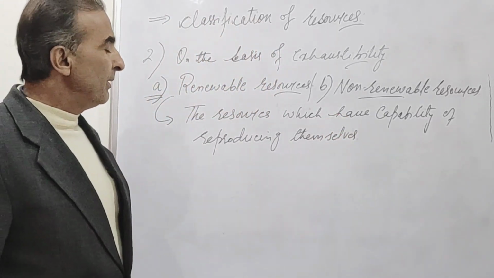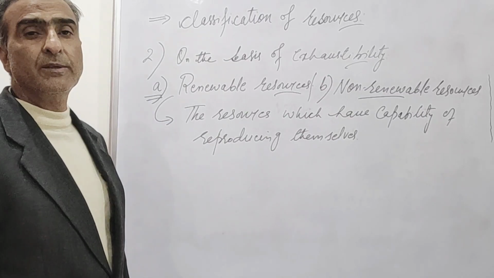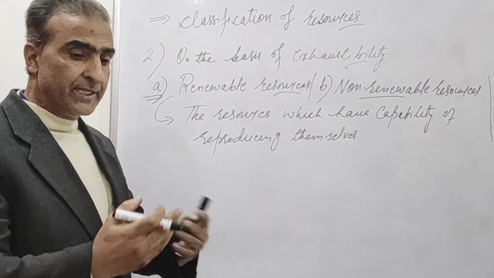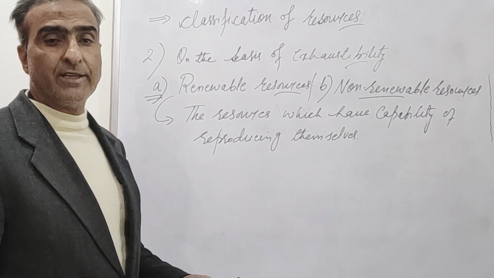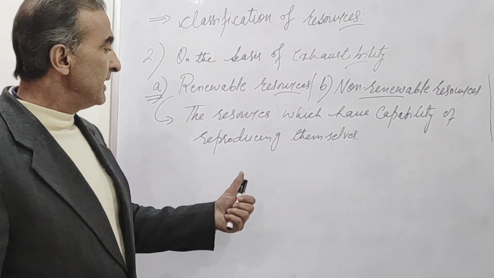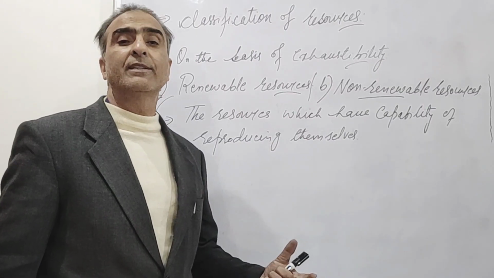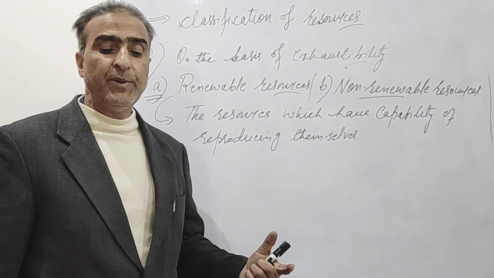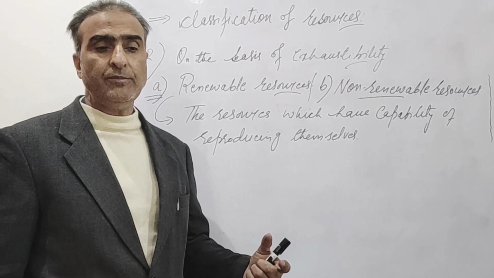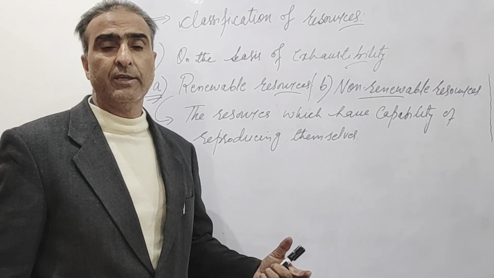Or they have the capability of regenerating themselves. वो तो खुद ब खुद रिजेनरेट कर सकते हैं या रिप्रोड्यूस कर सकते हैं. तो कौन सी चीजें हमारी ऐसी हैं जो रिप्रोड्यूस कर सकती हैं, जो दोबारा अपने आप को बना सकते हैं, जो रिन्यू हो सकते हैं.